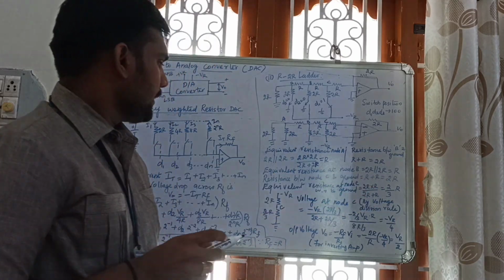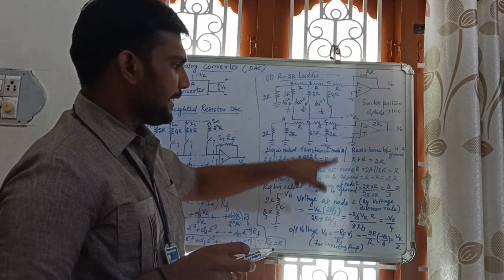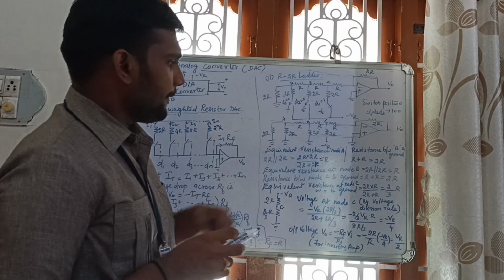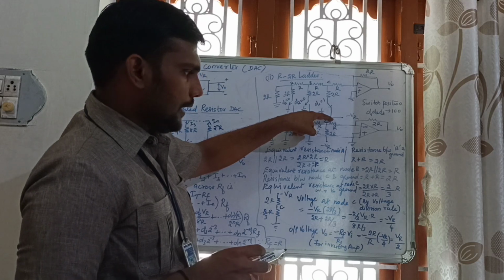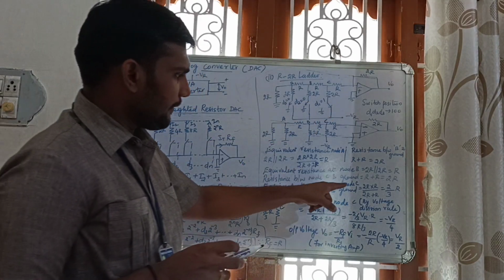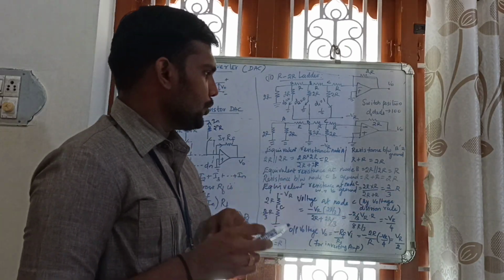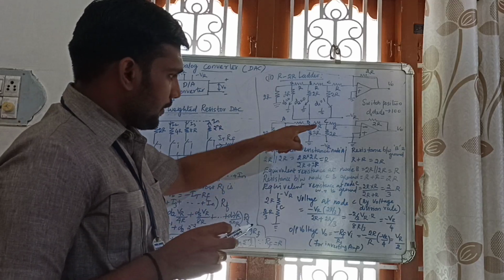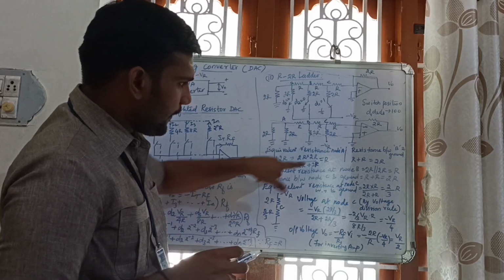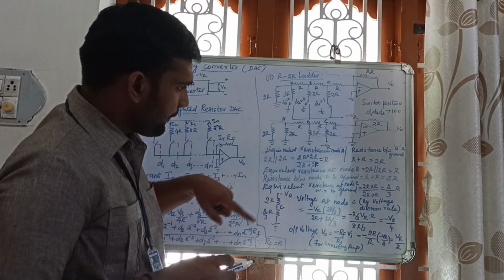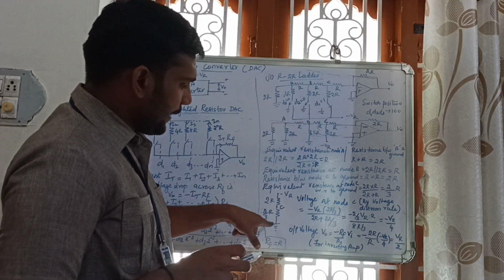Then the equivalent resistance at node C: here 2R is there, and here R is there, so both are in parallel, so we can write 2R into R divided by 2R plus R. So you are getting 2 by 3 into R. In the circuit, this 2R is available, on the side minus VR is there, and by the simplification you are getting 2 by 3 into R, and it should be grounded.